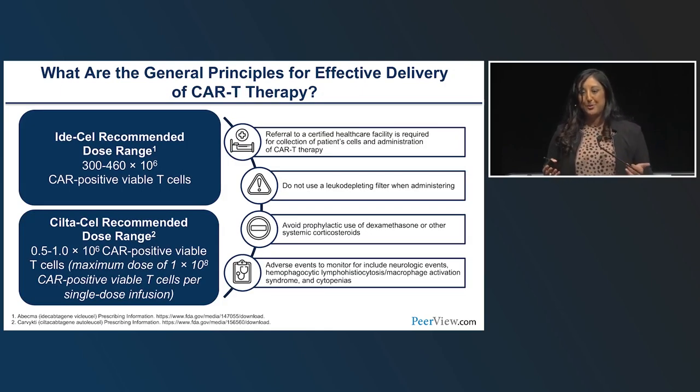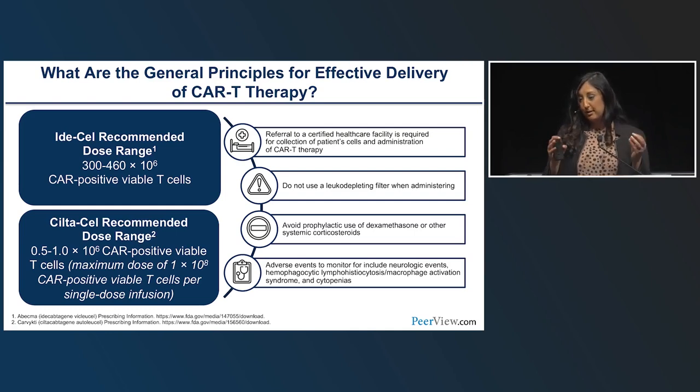So then it comes down to what are the general principles for effective delivery of CAR T cells, and I think anybody that does cell therapy right now knows the slot is the biggest issue, but again, the two differences between the cells are really the cell dose, but in general, it's the same way. So you basically have to have a center that does CAR T and referral to a certified healthcare facility.